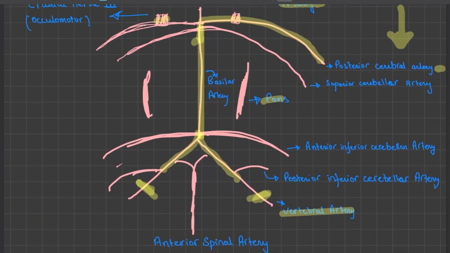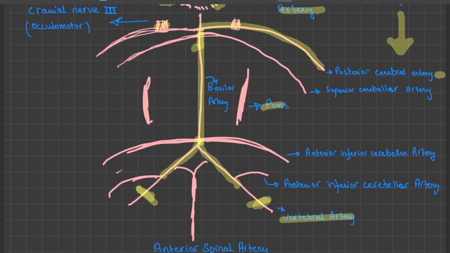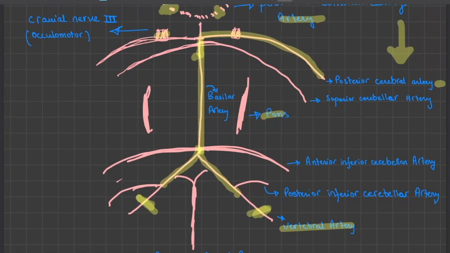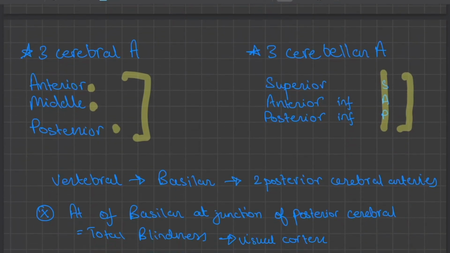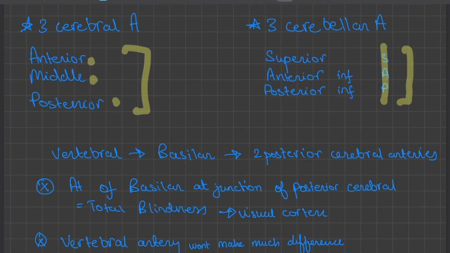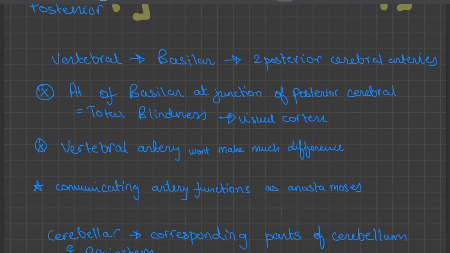But let's go over these again. We have the superior cerebellar artery right here. Then we have the anterior inferior cerebellar artery right here. And then we have the posterior inferior cerebellar artery right here. And these are all the main arteries that you can remember.